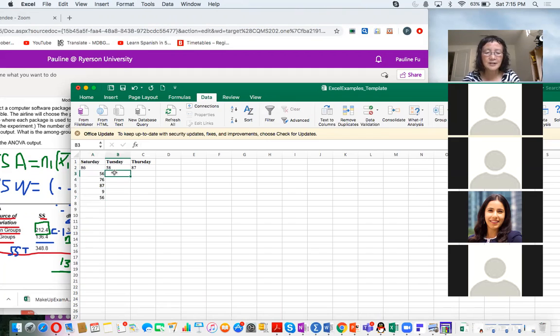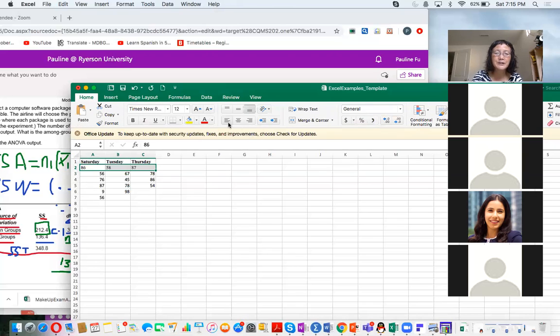Suppose this is my number, and I make up some more. Suppose this is the three samples, and I want to compare population means.